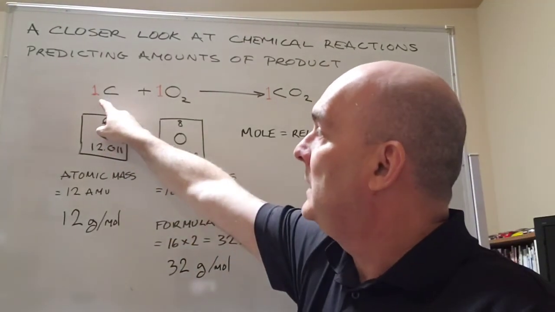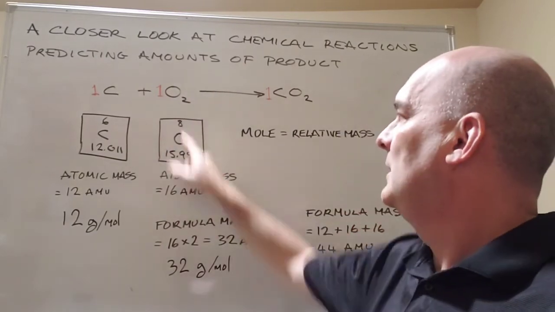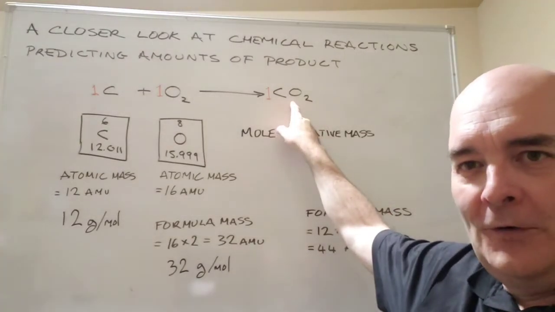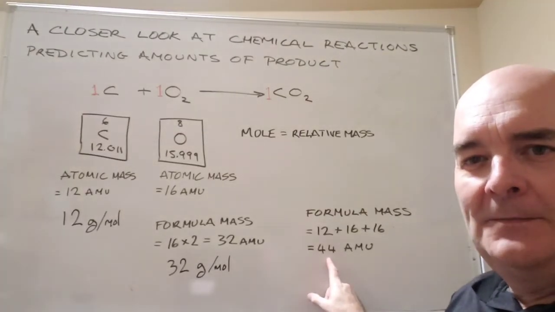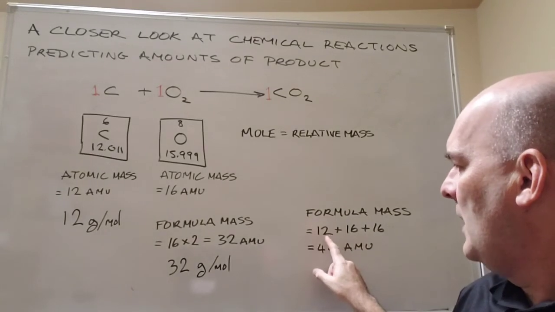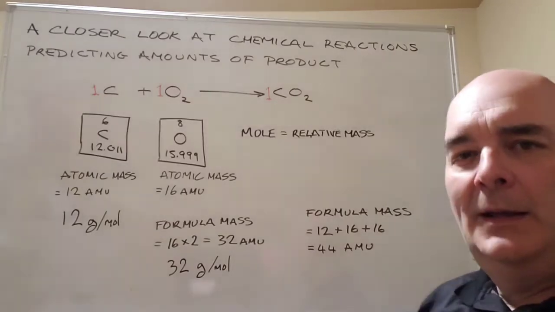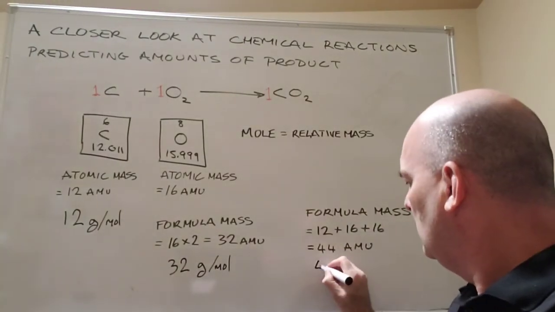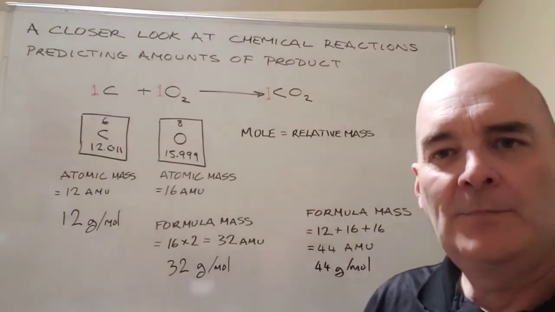If I combine 12 grams of carbon with 32 grams of oxygen, I get to make 44 grams of carbon dioxide. And it just turned out that if I had measured the formula mass of carbon dioxide, 12 plus 16 plus 16, yeah, that's 44 grams. 44 grams per mole.